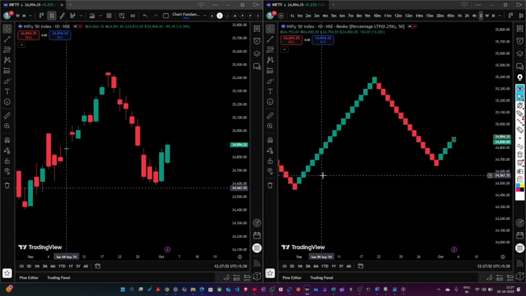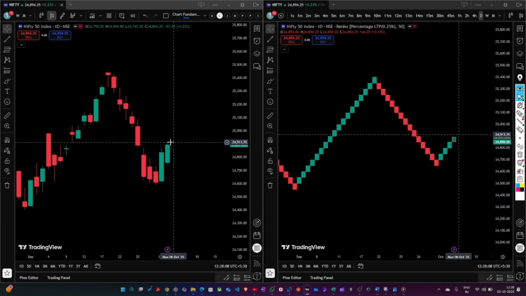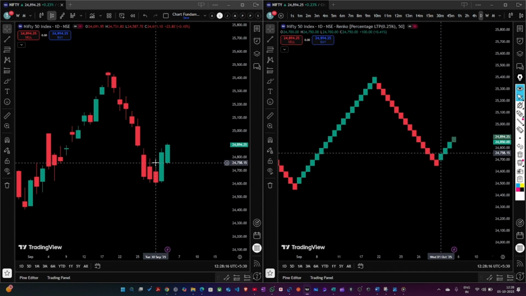But there is one important thing that we need to understand, which is price based versus time based. What is the actual difference? All these charts, the candlestick and Heikin Ashi, are time based charts.